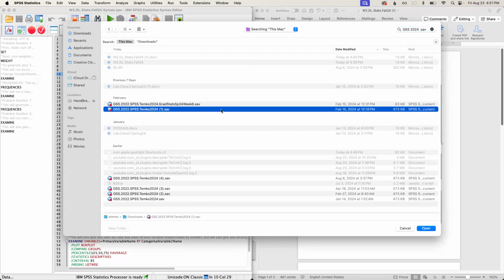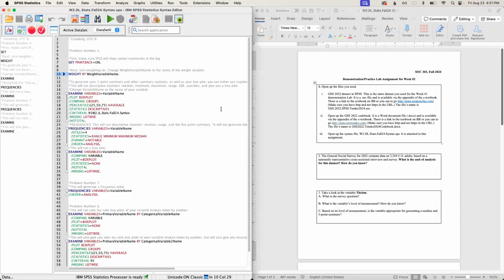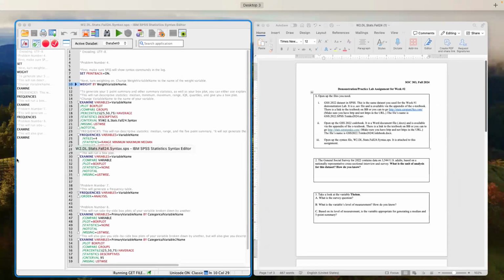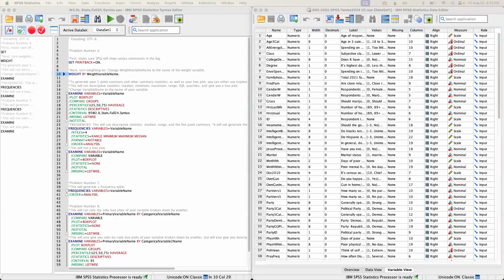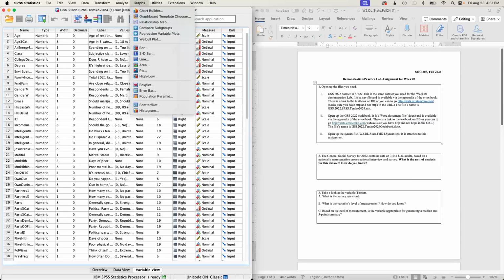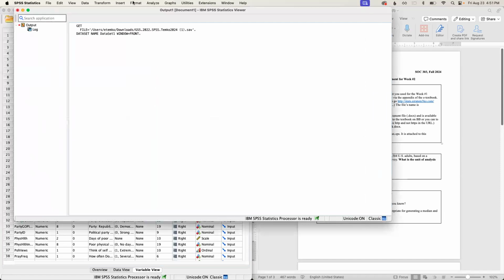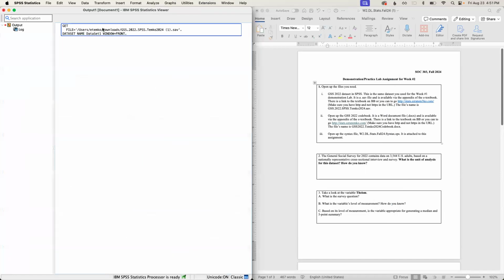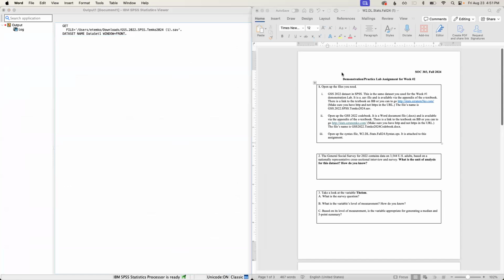Anyway, so I'm opening my data set. And here it is. Okay. And when I opened that, it also opened this, which just shows me the syntax that said, oh, you opened this data set, right? You got this from this place in your computer. Okay, so we opened up the files that I needed.